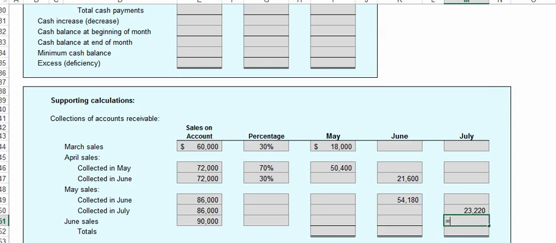You could have also said 90,000 minus the 9,000 cash sales for the month of June, and then just multiply by 0.7. It's just the same thing either way, 56,700.